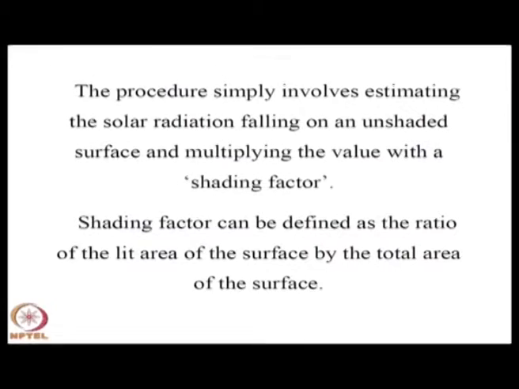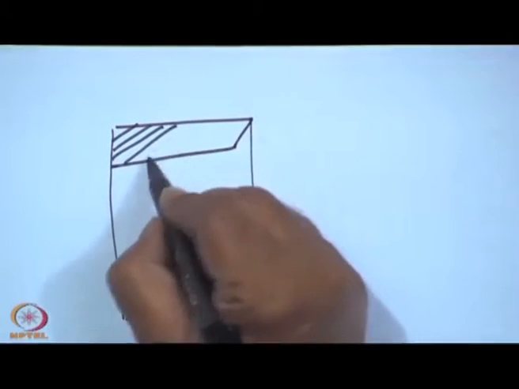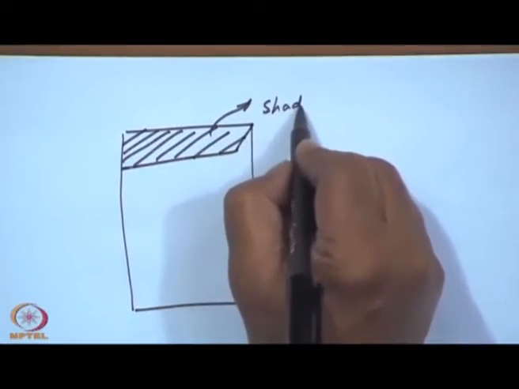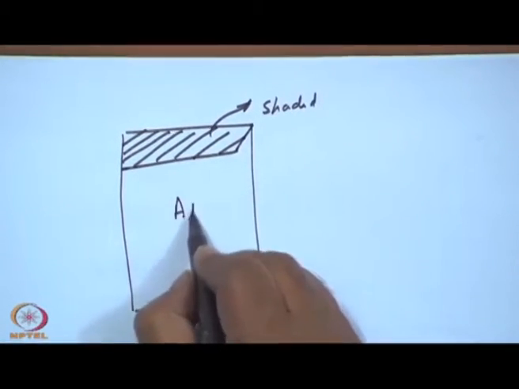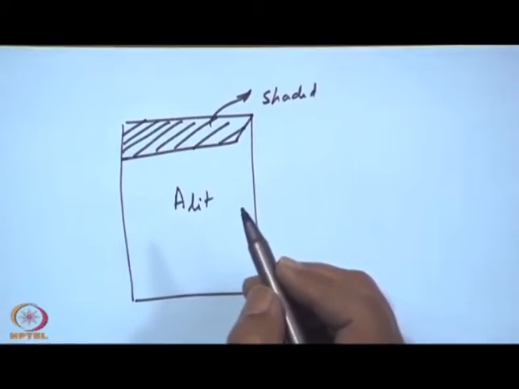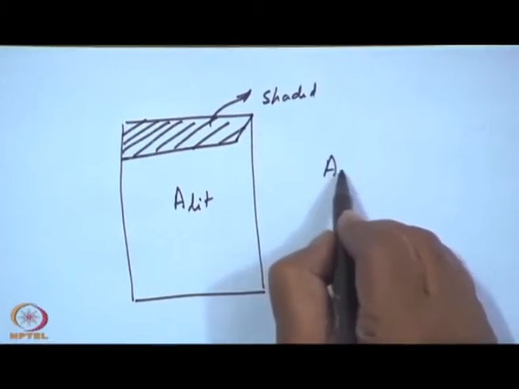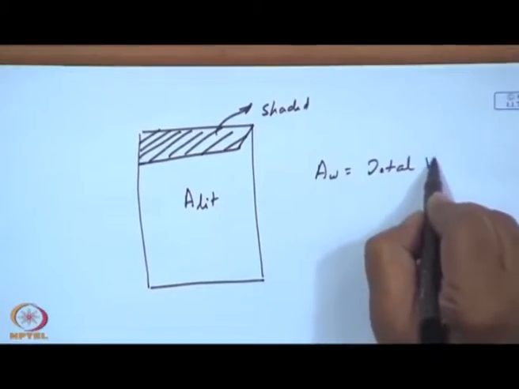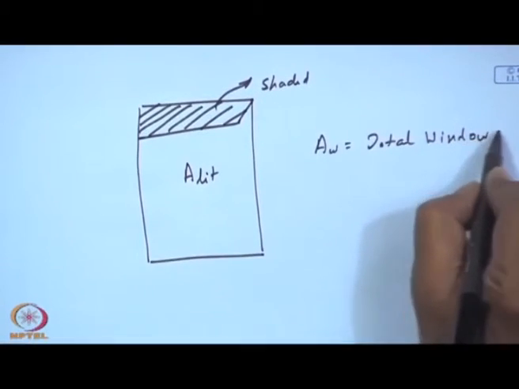So, the shading factor can be defined as the ratio of, if you look at it like this, I am interested in this part, this is shaded, and the remaining area is lit by the sun, and A W is the total window area.